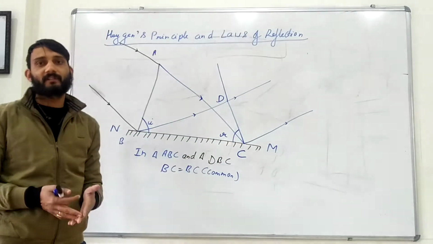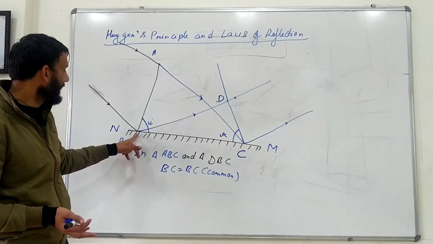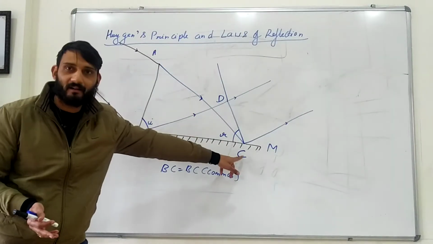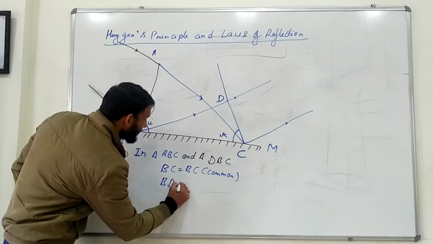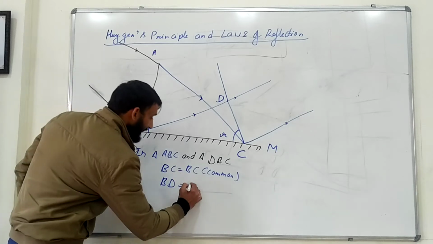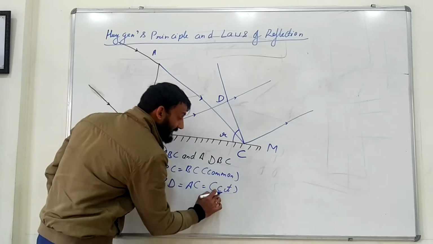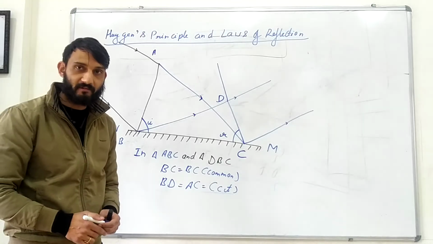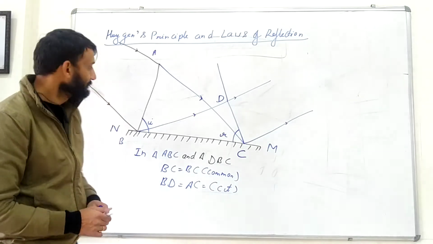Because the light is travelling with the same speed, and by the time this light ray is getting reflected here, in the same time this has to reach here. So this BD distance will be equal to AC distance, and that will be c into t. What is c? c is the speed of light in air or vacuum, which is 3 into 10 to the power 8 meter per second. And what is t? t is the time period, right?